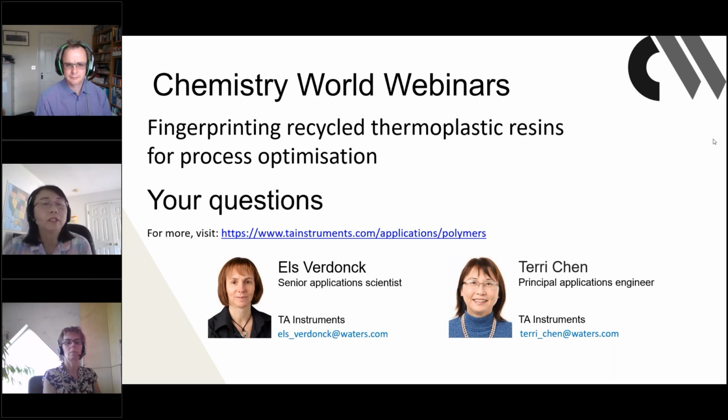But from the DSC technique, Els can explain that if the polymer is a semi-crystalline polymer, you should be able to see they melt at different temperatures. You should see different melting temperatures. So Els, maybe you can add more answers to this question. Yes, if the polymers do not mutually influence each other, you will then see indeed different melting temperatures.